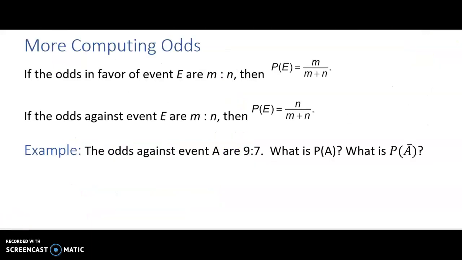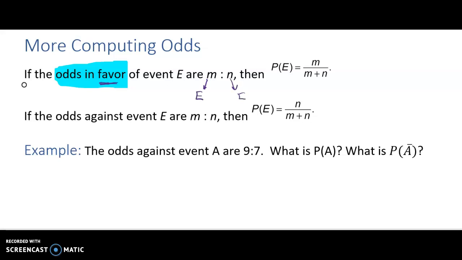If I know the odds in favor or odds against an event, then I can use that to find the probability of that event happening. If I know the odds in favor of event E is m to n, then I can say the probability of E is m over m plus n. When I'm seeing odds in favor of E, then the m is associated with the way E happens.